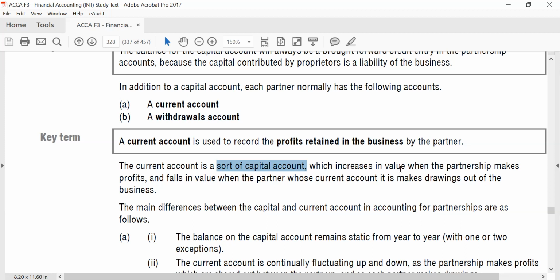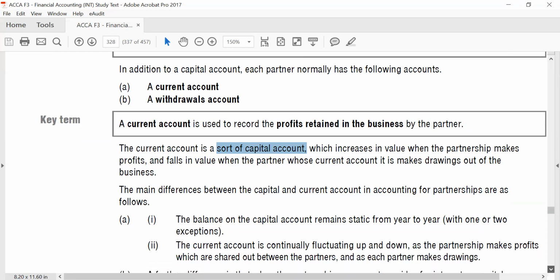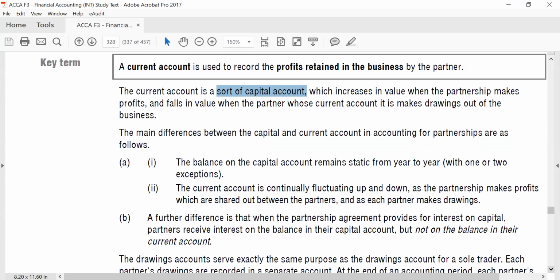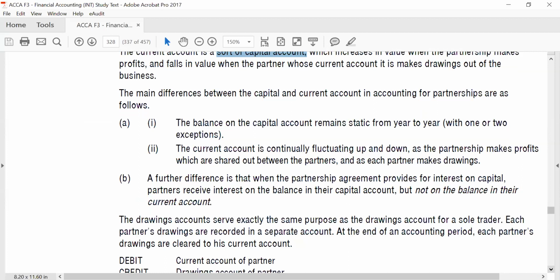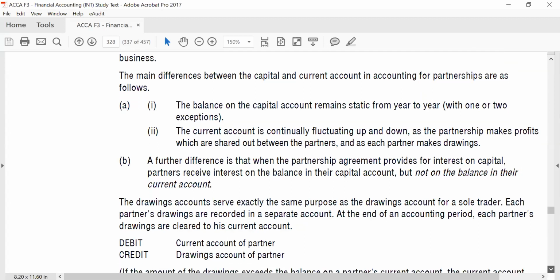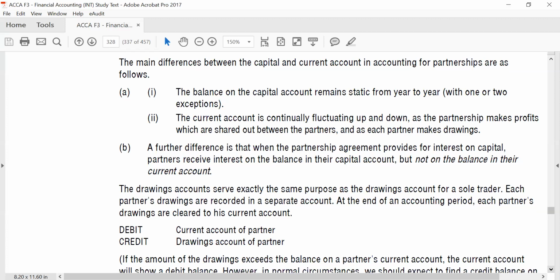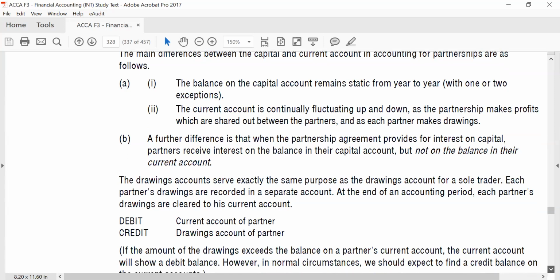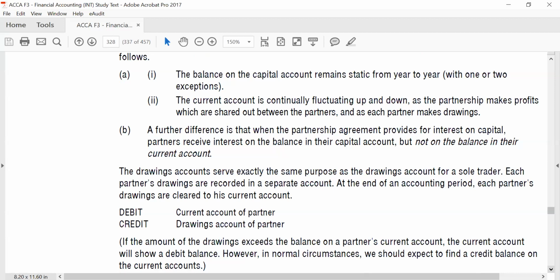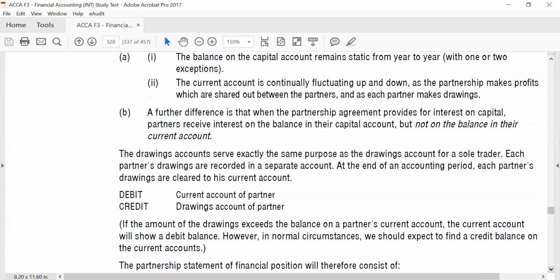It increases in value when partners make profits, but also falls in value when partners have drawings, okay? We're going to see more when we look at how that exactly looks. And then, of course, the drawings account, like I said, that these partners can also take drawings. So we will also see how the drawings come into play.